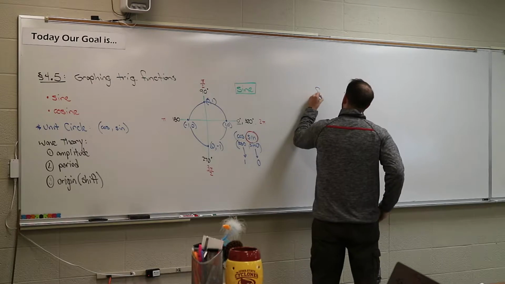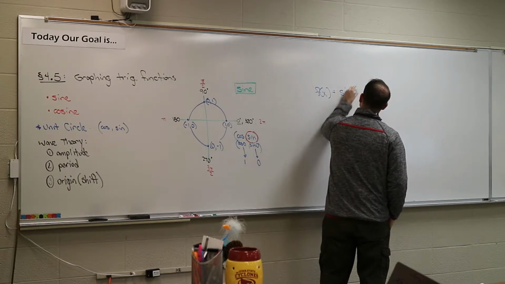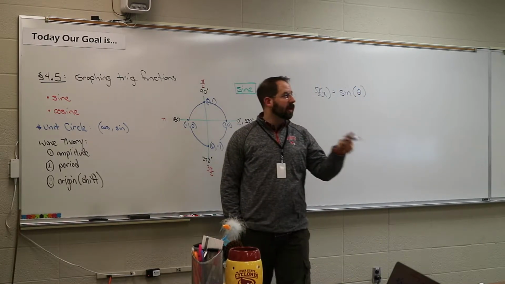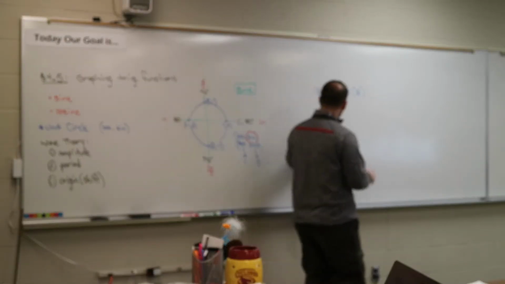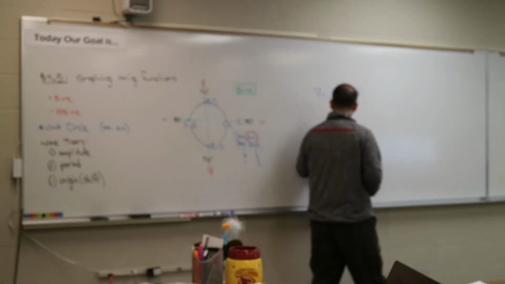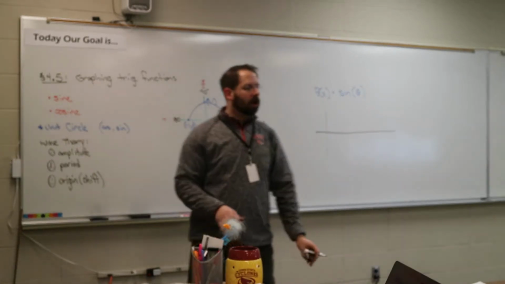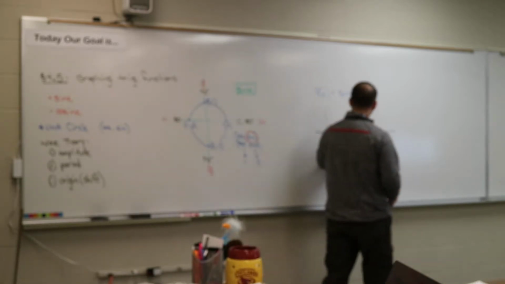All right, okay, here we go. We're gonna graph the sine function today. So this is what I'd like you to write down. We're gonna graph the sine of theta. I would like you to put a coordinate plane down, but the right side of the x-axis goes really, really far. Along the x-axis, I'd like you to put 4 hash marks.